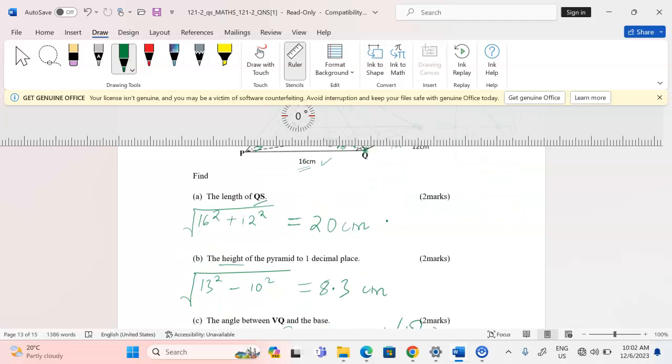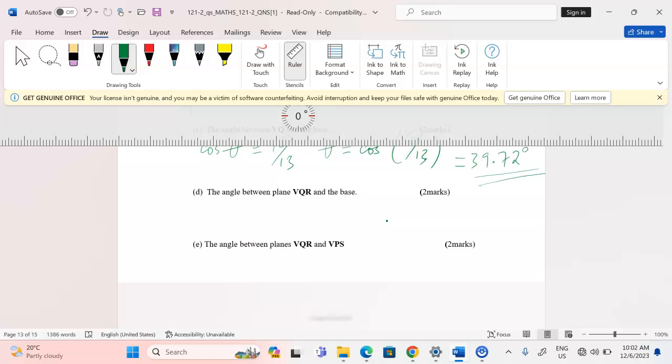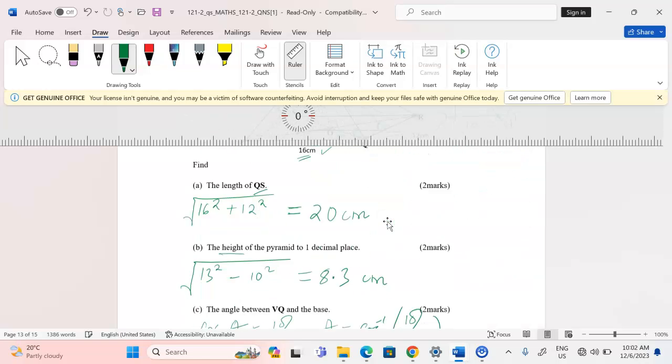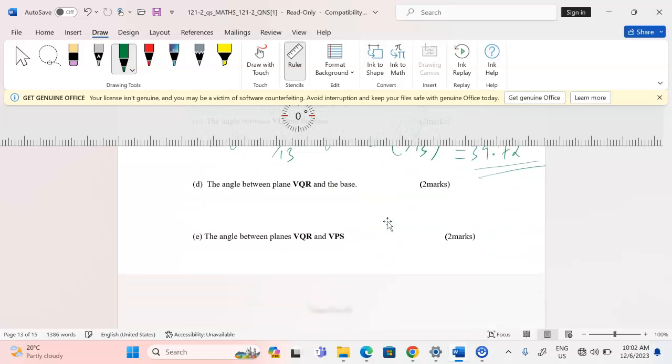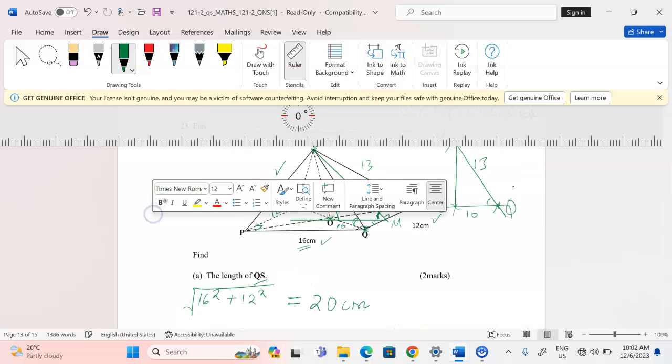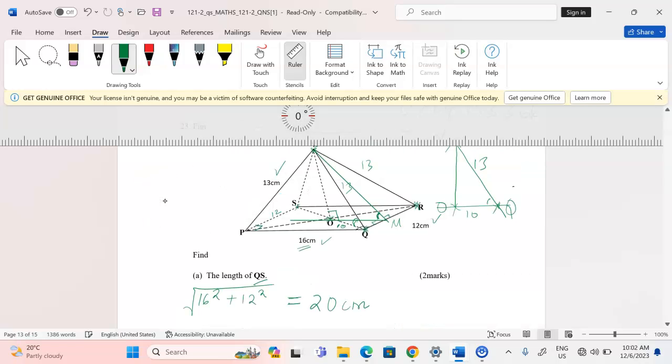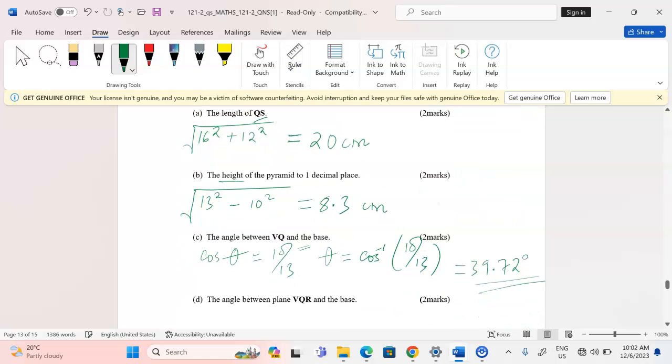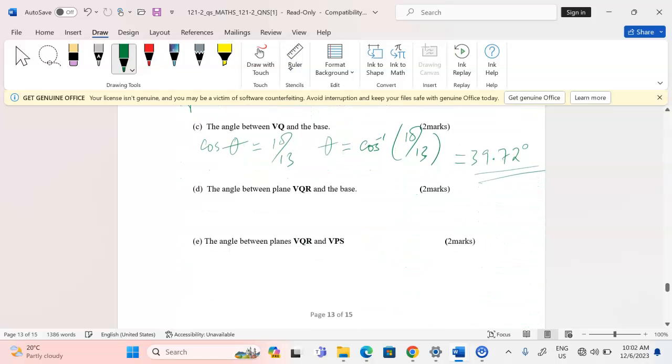We have M, O and V. Therefore, we need this angle. We have this one as 8.3 and this one as 8.